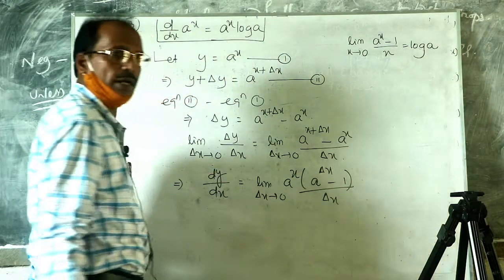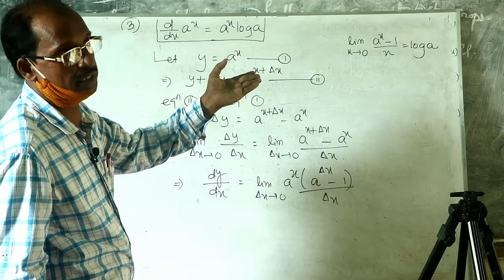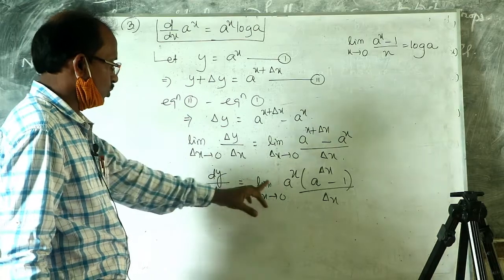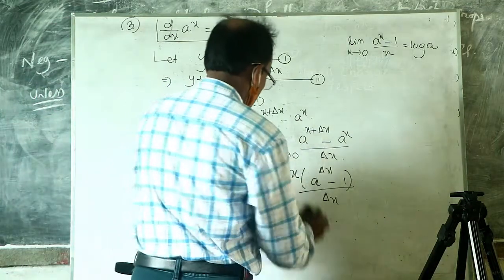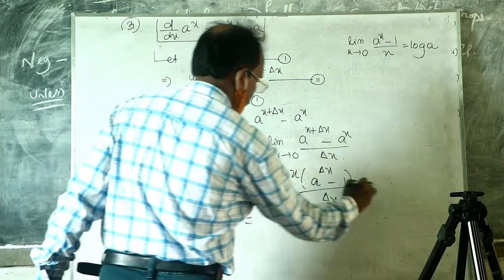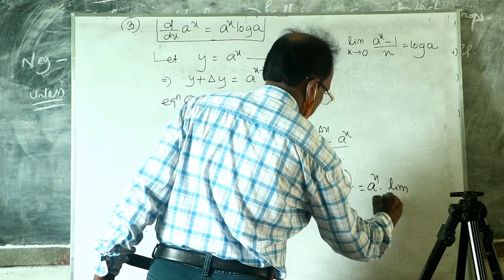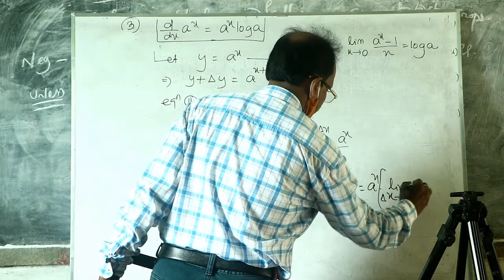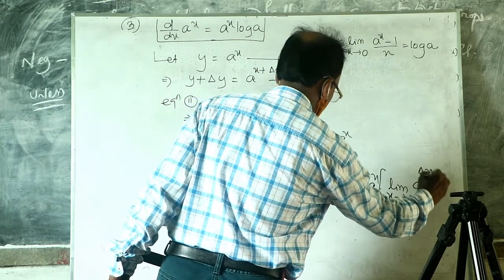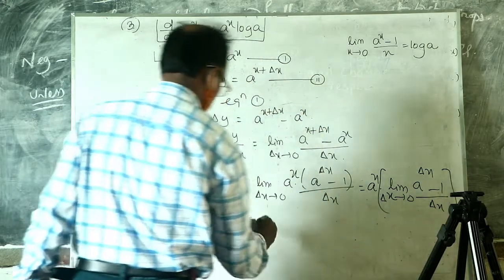There is a formula you have known, perhaps everybody. So using this formula, a to the power x is taken common outside the limit, and limit delta x tends to 0 of a to the power delta x minus 1 by delta x is equal to how much?